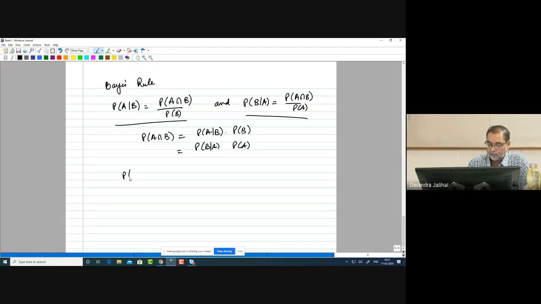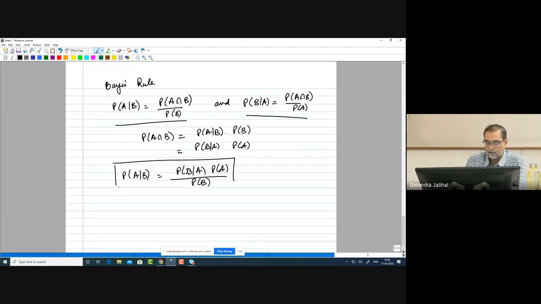So I can write probability of A given B, by rearranging, as probability of B given A, probability of A, by probability of B. So this is a famous relationship called the Bayes relationship that connects the posterior probability of A to the prior probability of A.